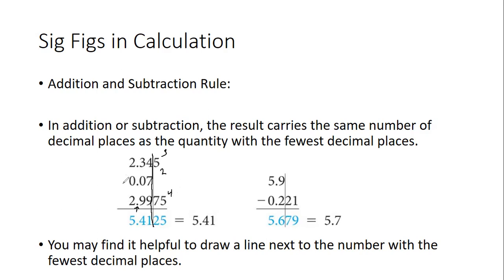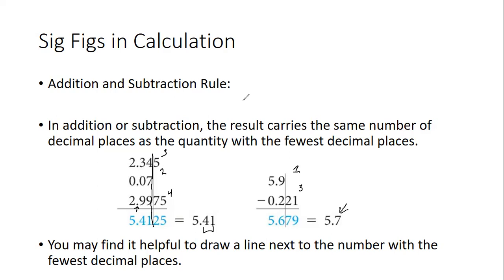So 0.07 has 2 numbers after the decimal, therefore our answer needs to have 2 numbers after the decimal. In our second example, we have 1 number after the decimal and 3 numbers after the decimal. Therefore, when we report our answer, we can only have 1 number after the decimal.